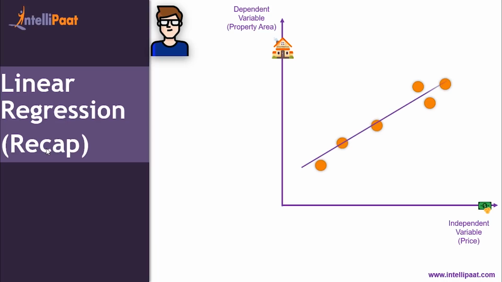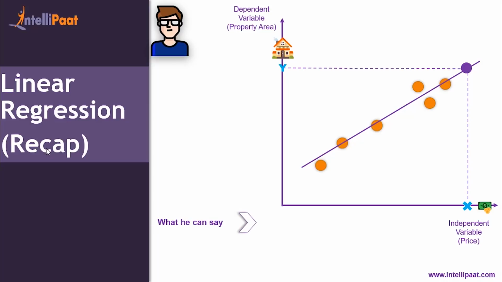Now he drew a regression line. Now to find out what property area she can buy with X bucks, he plots X on the independent variable scale and projects it to the regression line. And then against that point, he has the area Y. This is the area Y. So this is how he predicted Lauren can buy Y area of property for X bucks.